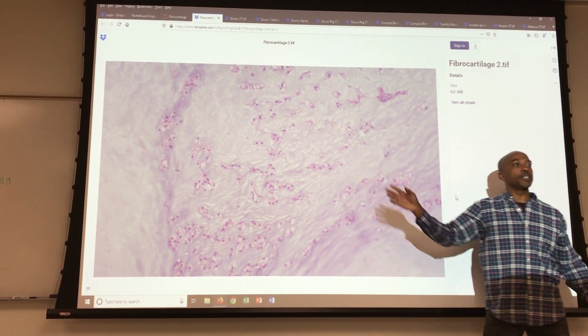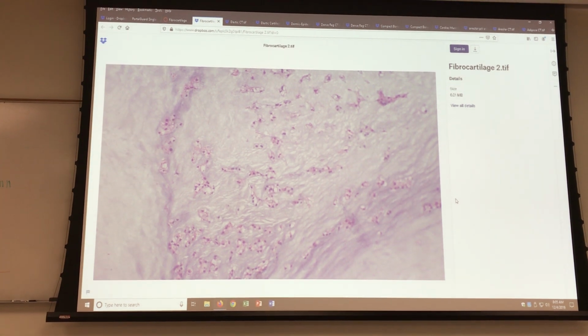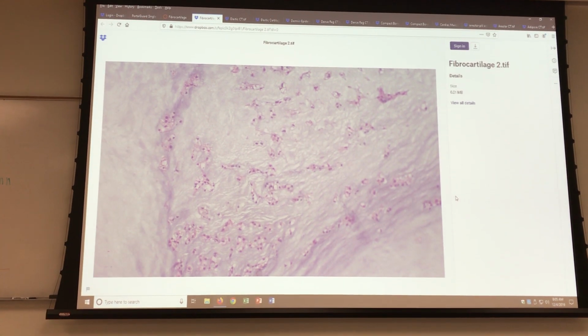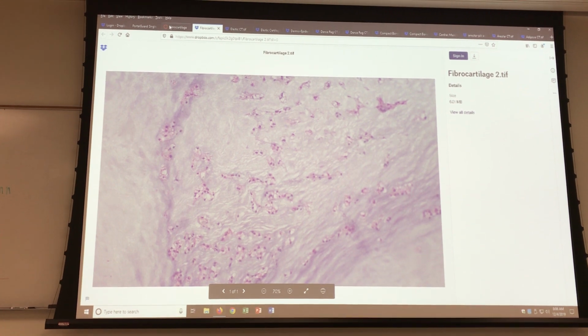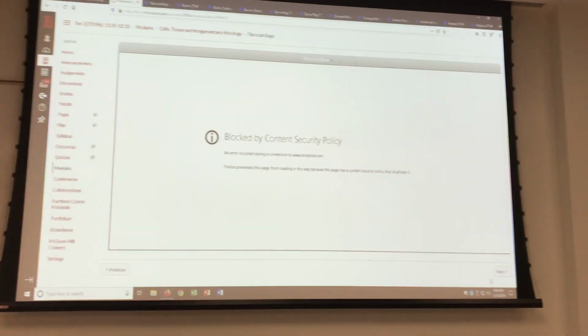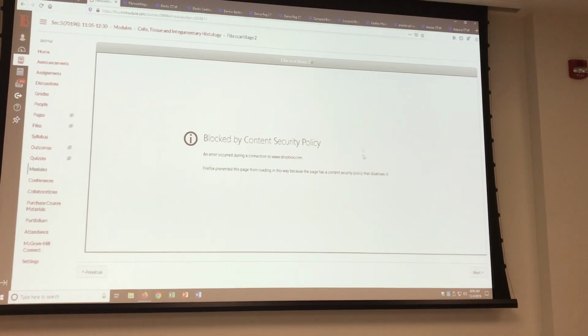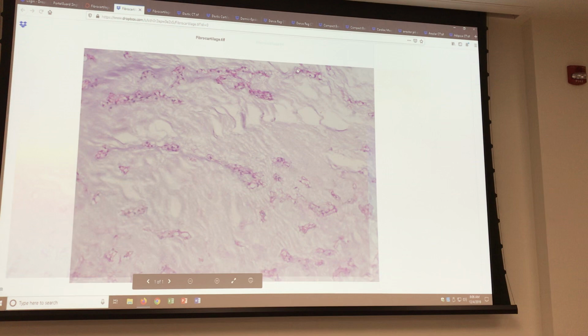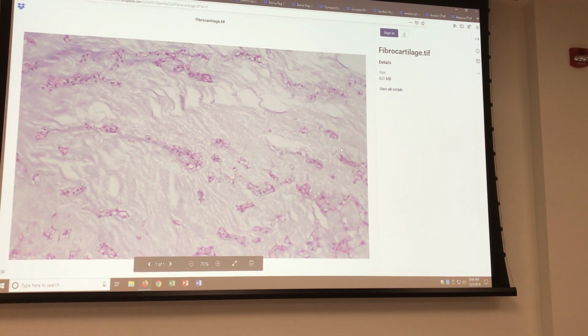Just fibers and lacunae. Another fiber cartilage, same thing: fibers, lacunae, no perichondrium.